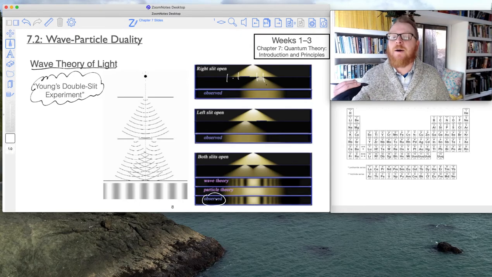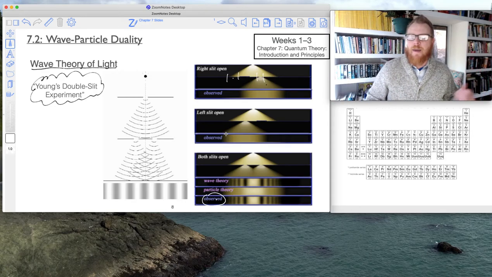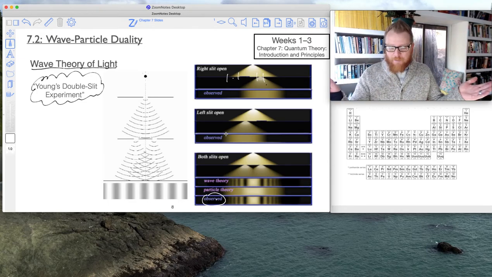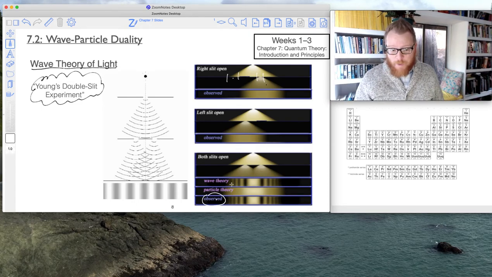According to particle theory, when both slits are open, it should give us just the same observation as when the two individual slits were open. Imagine that instead of light, it's water or something. You open up these two slits like floodgates, and according to particle theory, you should just see a continuous band.